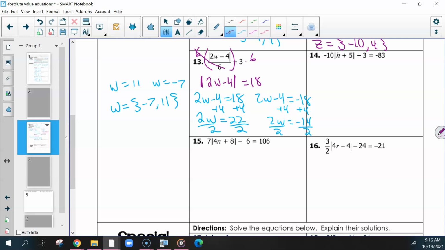So for number 14, we have to get the absolute value signs by itself. What would we do first? Think about this like -10 h minus... Add 3? Not add 10, because the 10 is still multiplying. Divide by that.